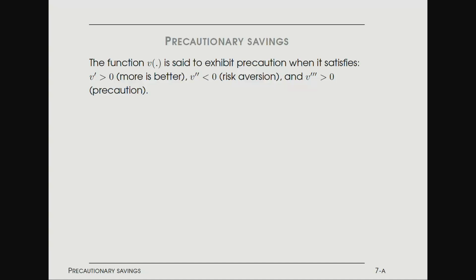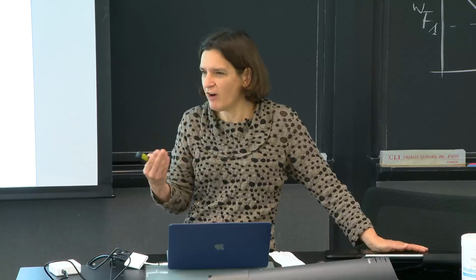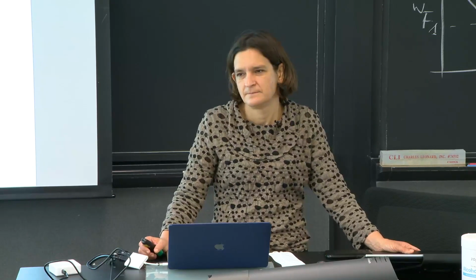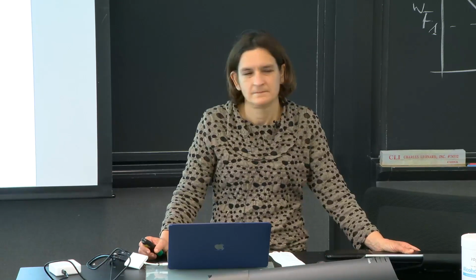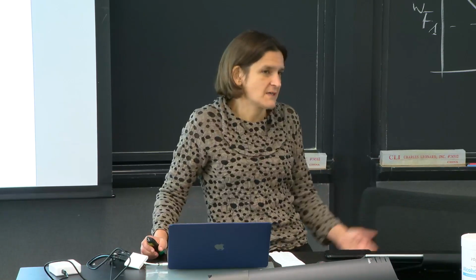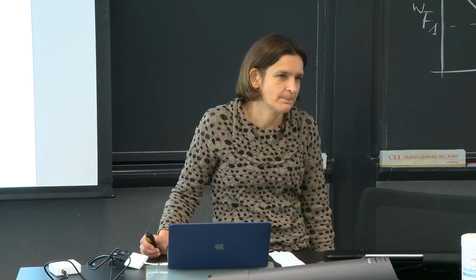So this becomes hard to think about, the third derivative of a utility function. If you were to express the third derivative being positive in words, what might that reflect? You get less risk averse as you get wealthier, exactly.